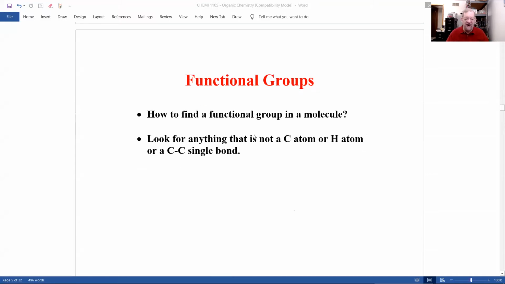Now, how do you find a functional group in a molecule? You look for anything that is not a carbon atom, hydrogen atom, or carbon-carbon single bond.